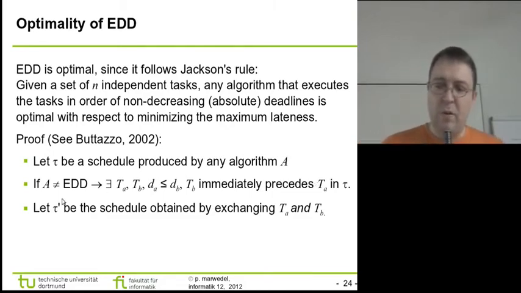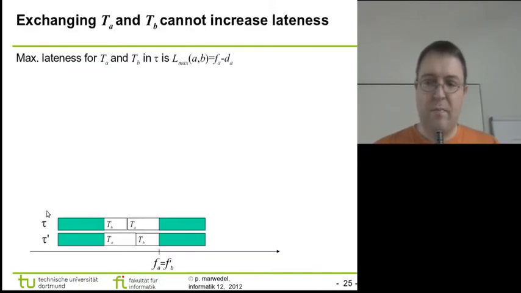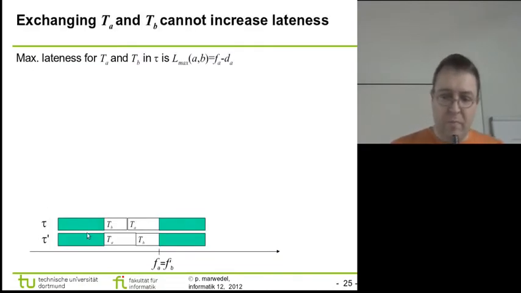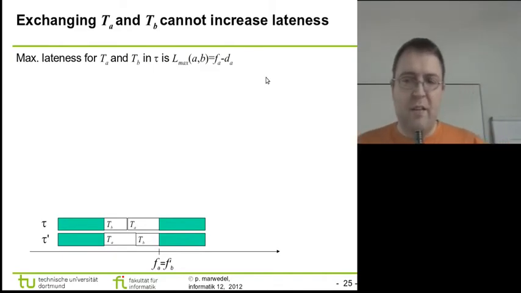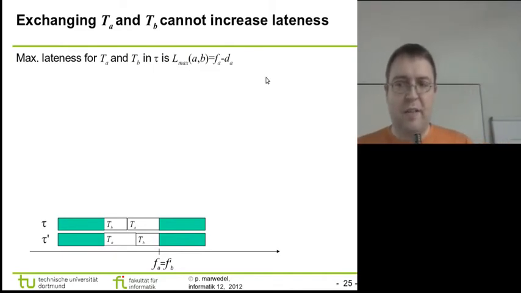Now let us assume we simply exchange both tasks a and b in the schedule, and let sigma prime be that new schedule that we obtain by exchanging these 2 tasks. So we start off with this schedule sigma here, and we have these 2 tasks Tb and Ta, and we simply exchange them, so Ta comes before Tb. Now we want to show that exchanging both tasks Ta and Tb in our schedule cannot increase the lateness.